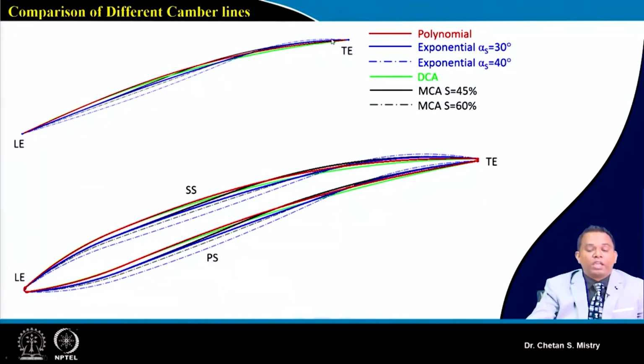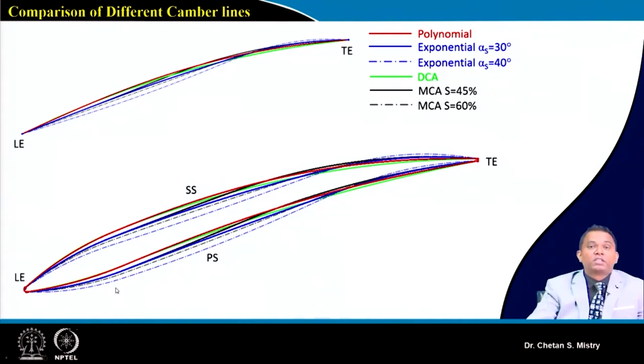Just look at the downstream condition also. So the location of this inflection point is very important. We need to be very careful about that point. This is representing my double circular arc. In the same way this black color is representing multiple circular arc. And this is representing how the camber line for the same thickness distribution, how the blades or the aerofoils are being generated.